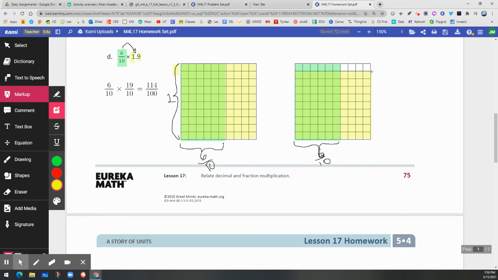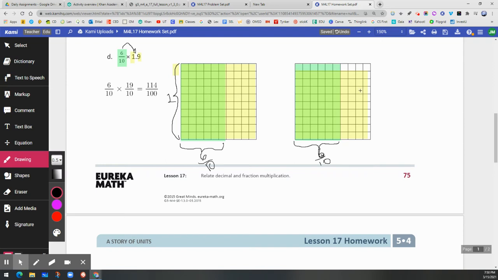So there it is. I'm going to show it on the side right here: 9 over 10. All right, now all we got to do is see where they overlap, and that's going to be our answer. So it has to be 114 of them.